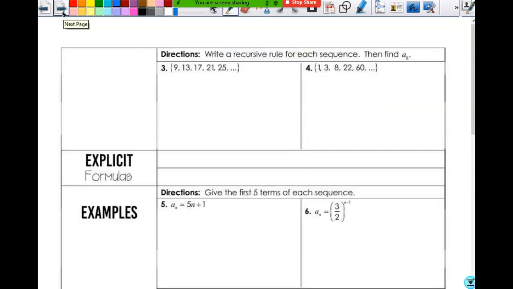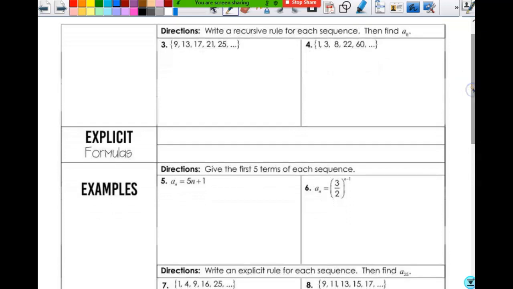All right, so this tells us to write a recursive formula, then find a sub 8. So we're supposed to write the formula. I know at the very least I have to give the first term. I might have to give more than that, but at least I have to give the first one. Then I can look at this, and each time I'm doing what here? Adding 4.